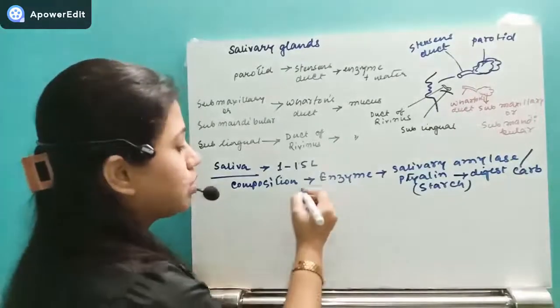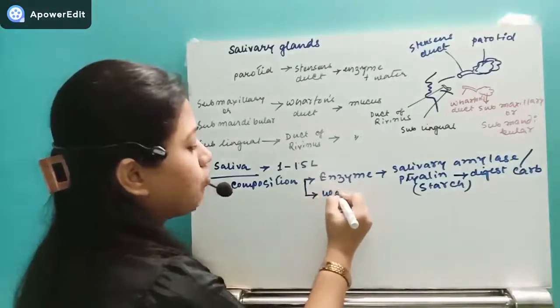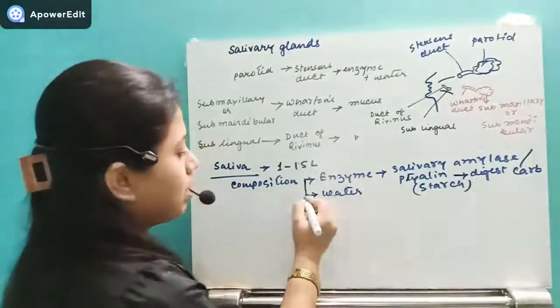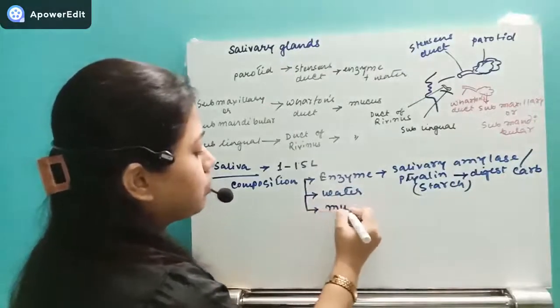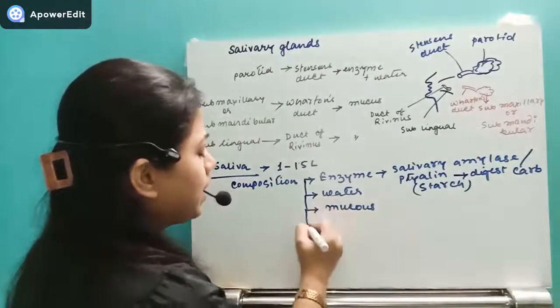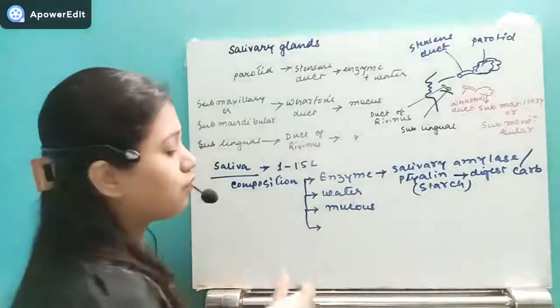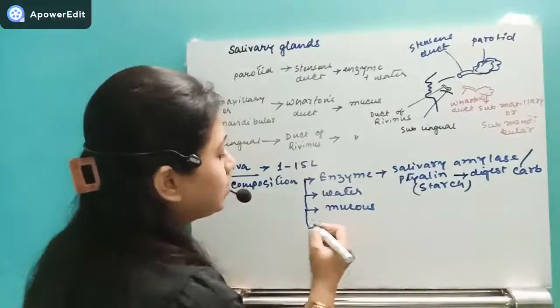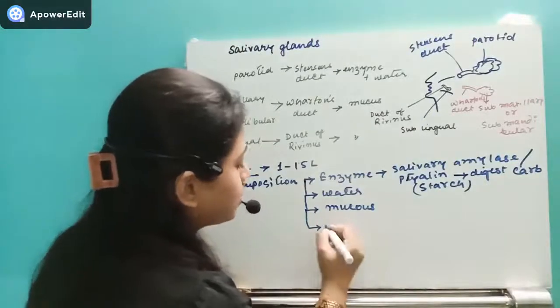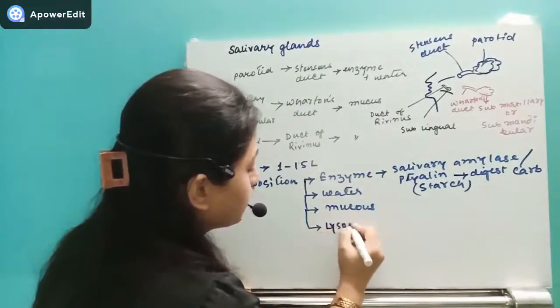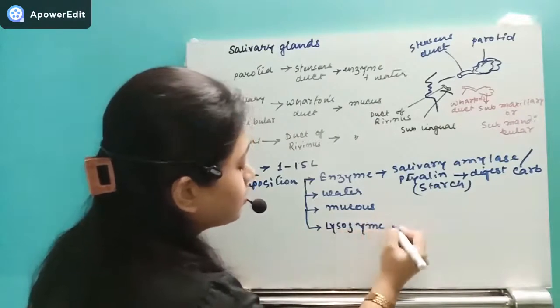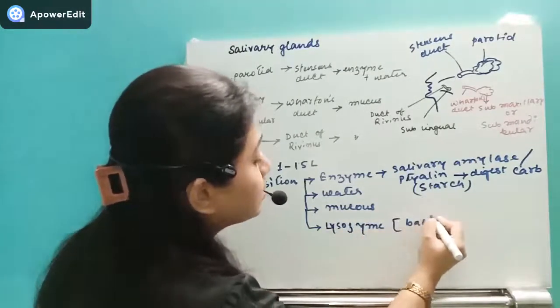The next thing you need to know, that it also contains water, maximum is water. Next one, it is going to have the mucus. Next, it is also going to have one specific type of bactericidal juice, that is the lysozyme. It kills the bacteria.